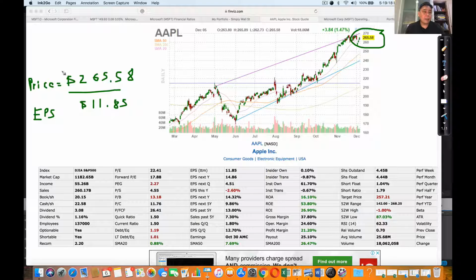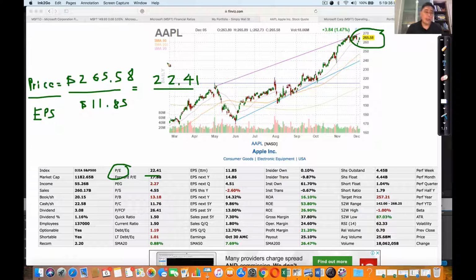So if you divide the share price by the earnings per share, what do you get? You get the price to earnings ratio, or PE ratio, which is over here, PE ratio 22.41. So again, we've talked about this in the first lesson.